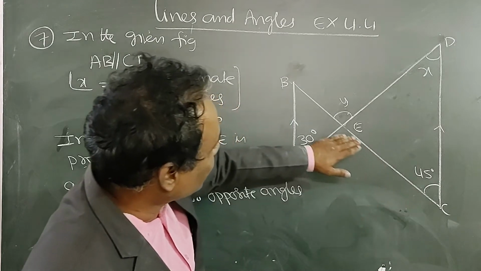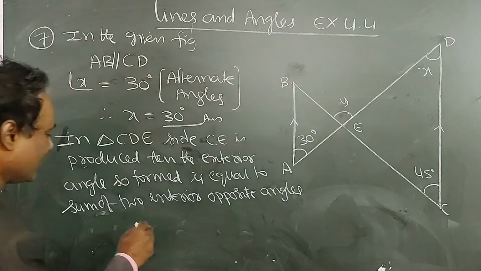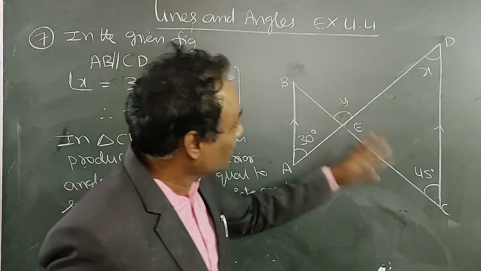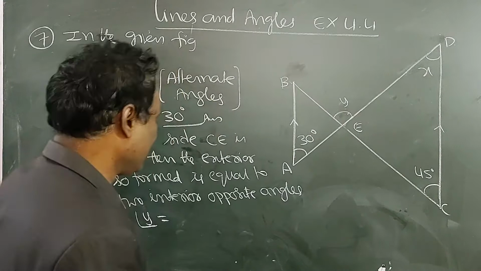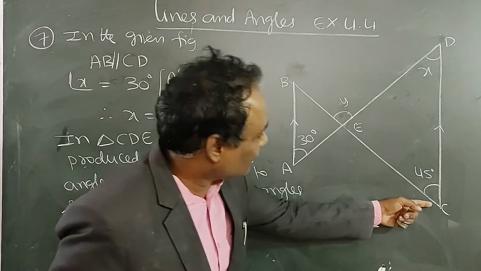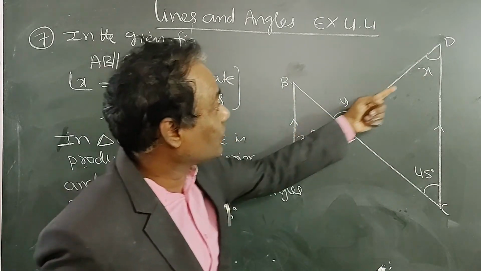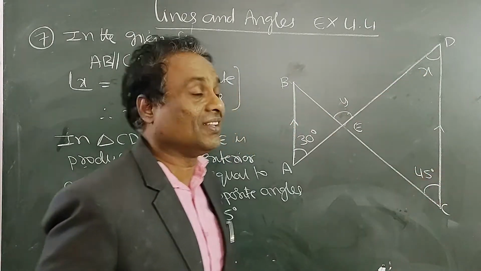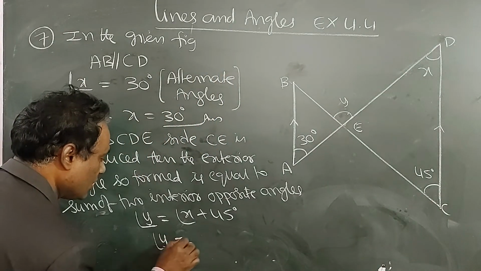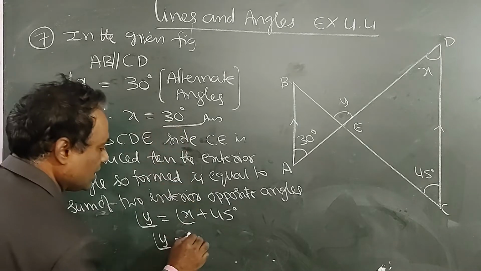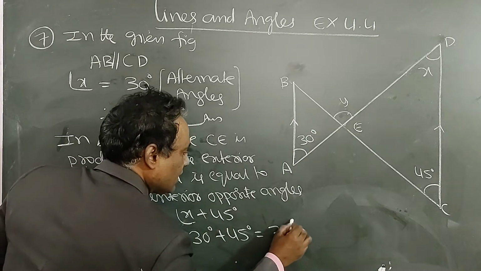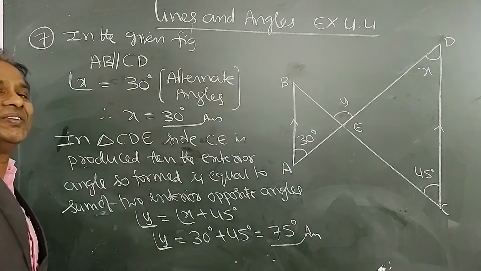See here, this side is produced, this angle y is the exterior angle so formed, equal to the sum of two interior opposite angles, angle x plus 45 degrees. Angle y is equal to x plus 45. Angle y is equal to 30 degrees plus 45, total 75 degrees. Answer. We got y also.